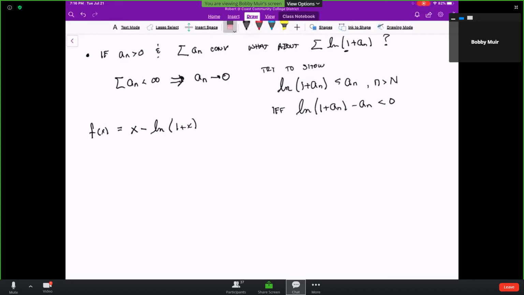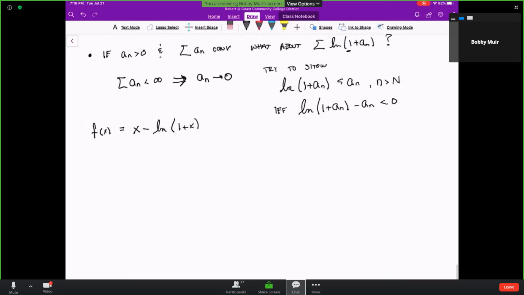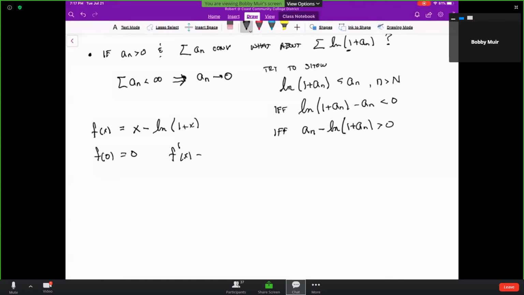So we're trying to show here that a sub n minus the natural log of 1 plus a sub n is positive. Doesn't change f of 0. It's still 0. F prime of x is 1 minus 1 over x plus 1.